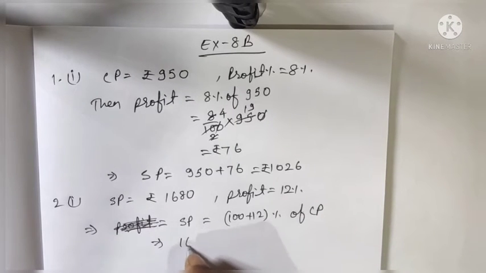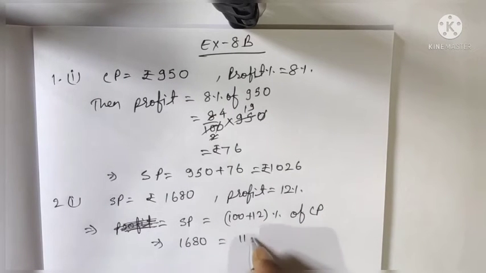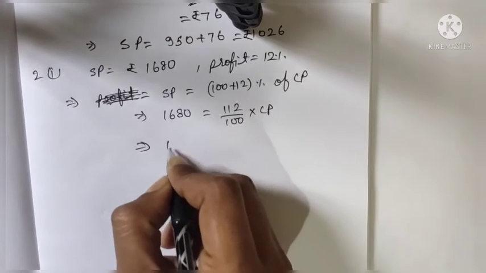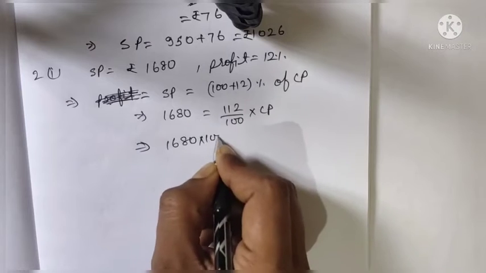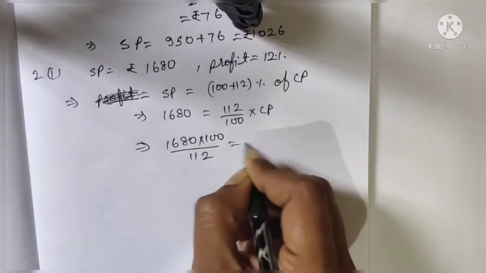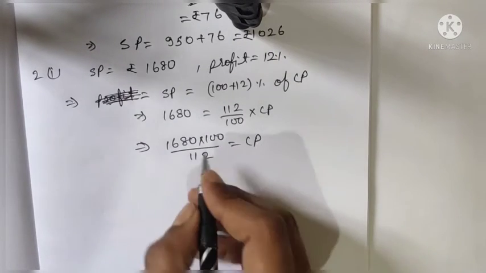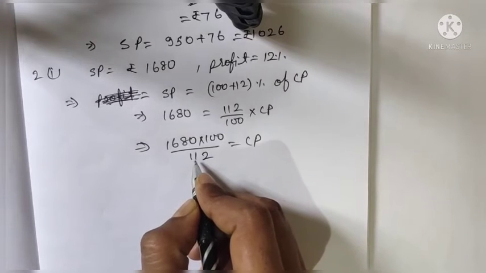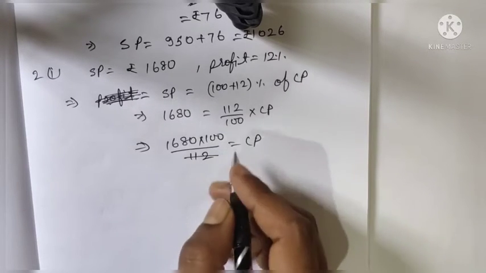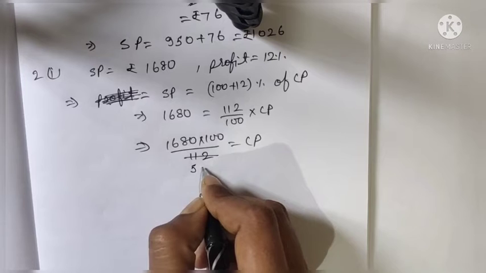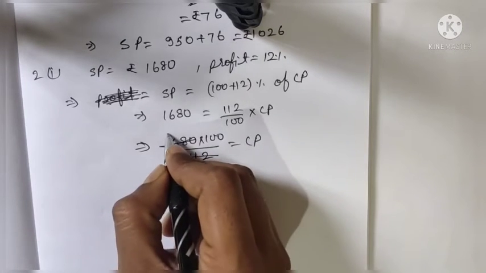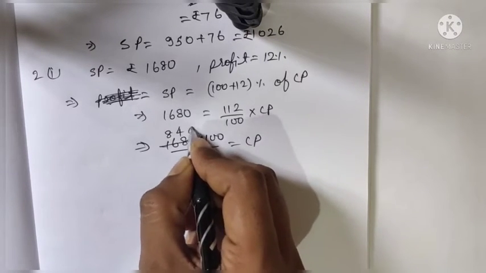That implies 1680 is equal to 112 by 100 into CP. That implies 1680 into 100 by 112 is equal to CP. Now solve it, and we are going to cut it from 2. Then it will be 2 5s are 10, 2 6s are 12, 2 8s are 16, 2 4s are 8, 2 0s are 0.